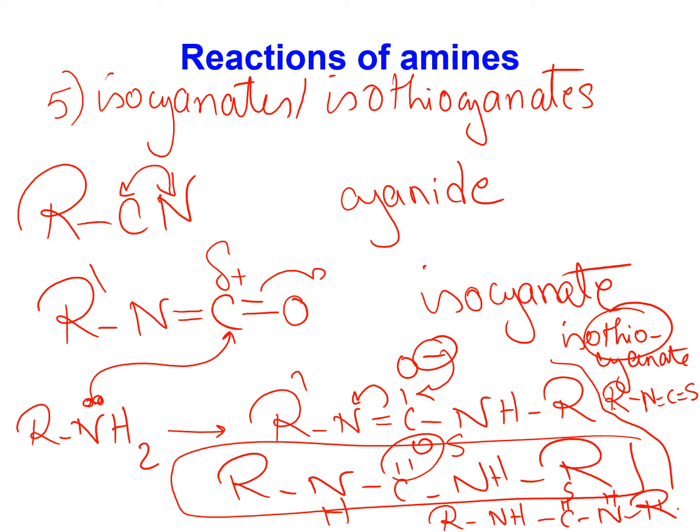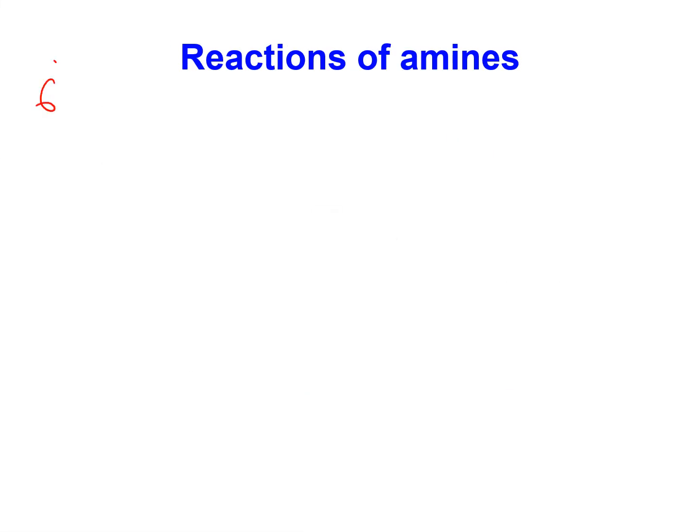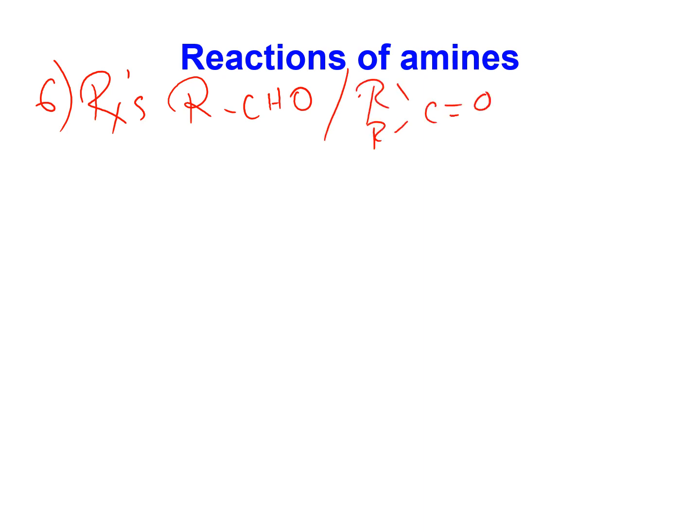The sixth reaction of amines is the reaction with aldehydes and ketones. For its details, you can refer to the videos on aldehydes and ketones. However, we're just going to go through it quickly.